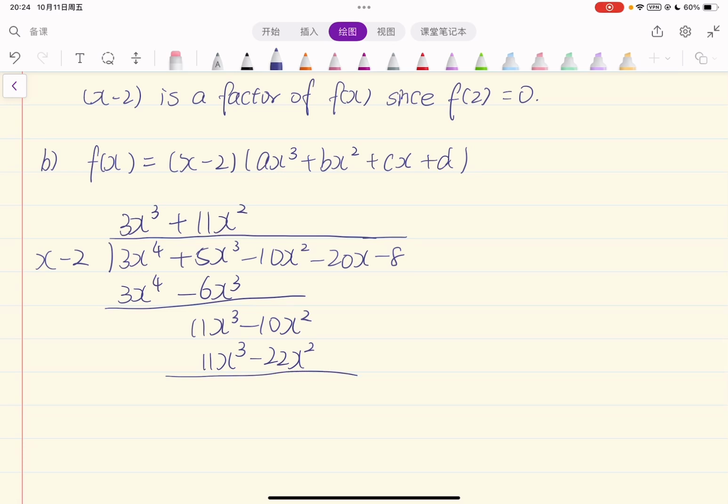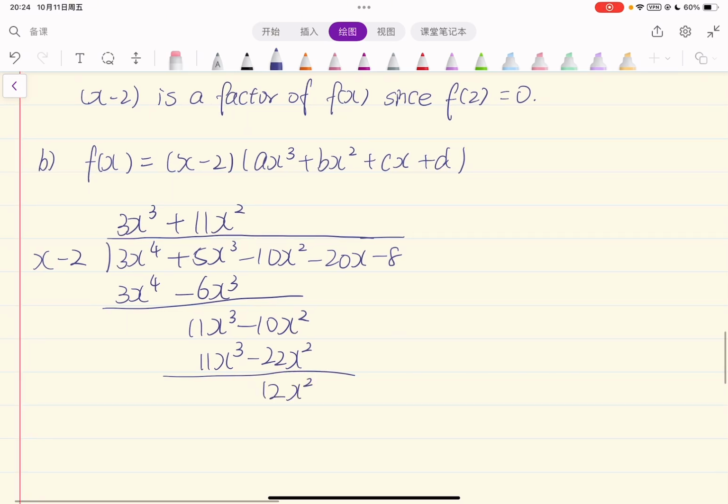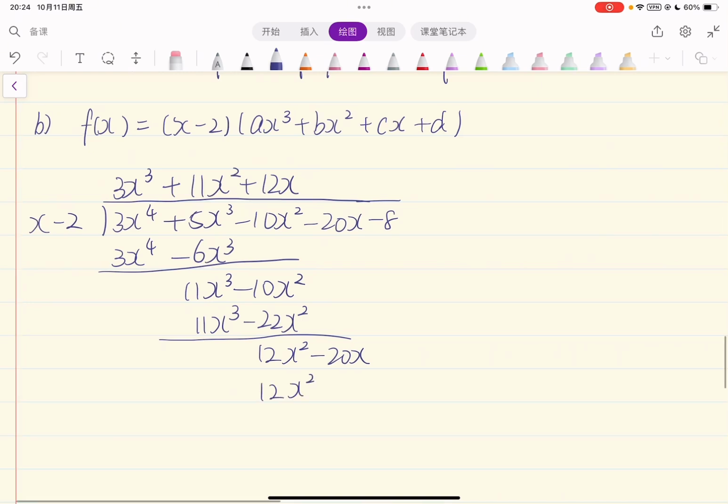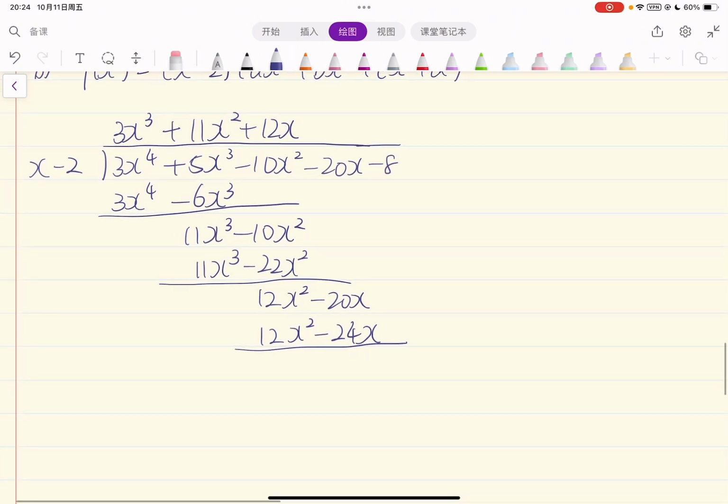After subtracting, we have 12x squared minus 20x. Then 12x squared divided by x gives plus 12x, and 12x times x minus 2 equals 12x squared minus 24x. Subtracting, we have 4x minus 8. And 4x divided by x equals 4, so plus 4. 4 times x minus 2 is 4x minus 8, so 0.